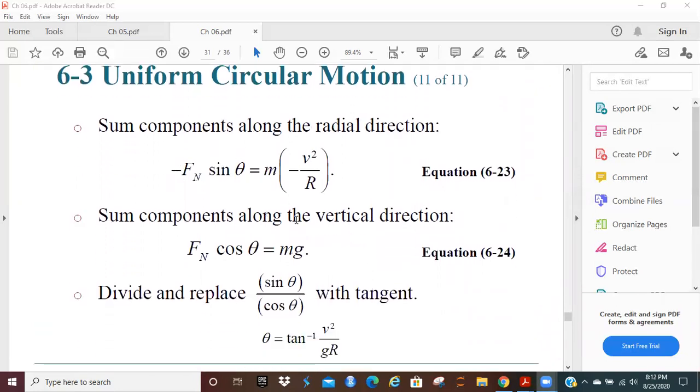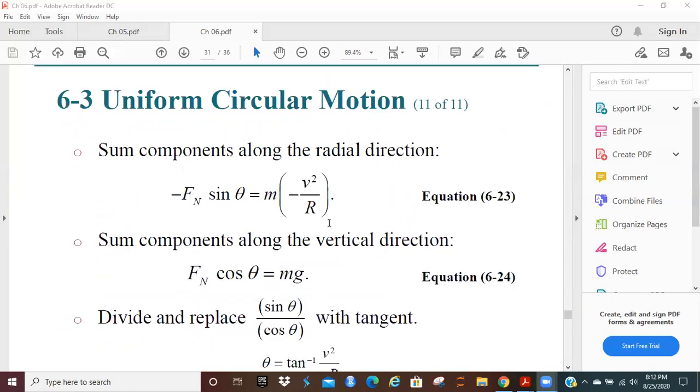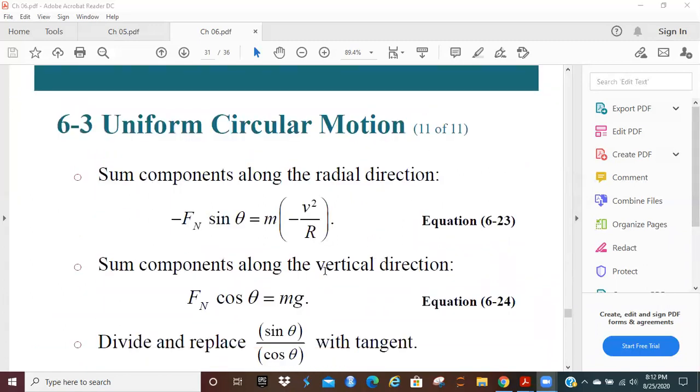If you go through and do some trigonometry here, you find out that F_N times sine of theta, which is going to be F_N r.